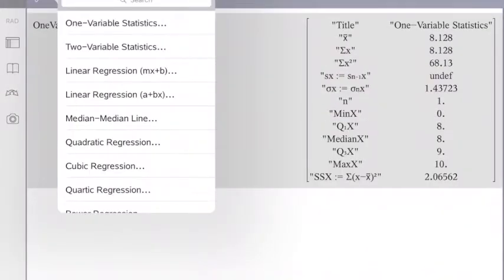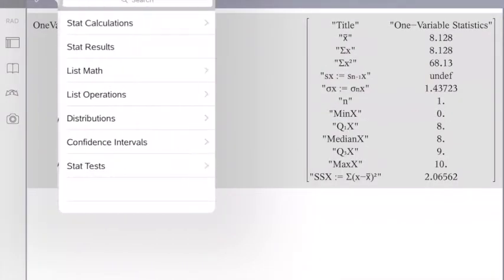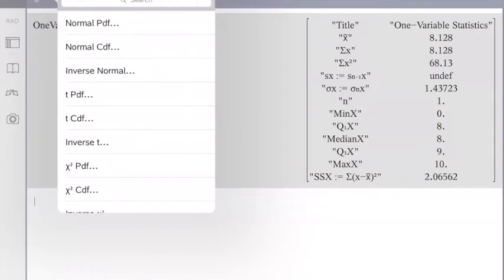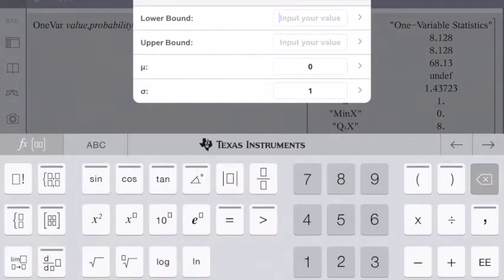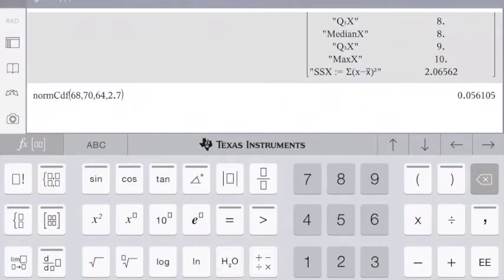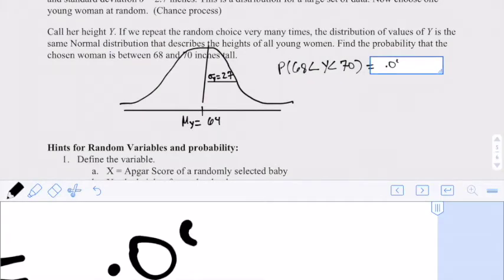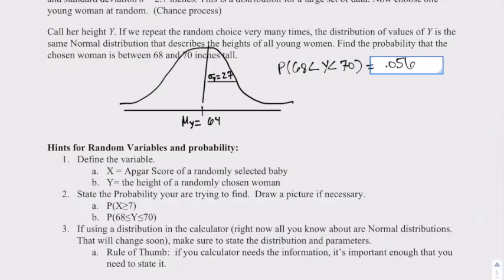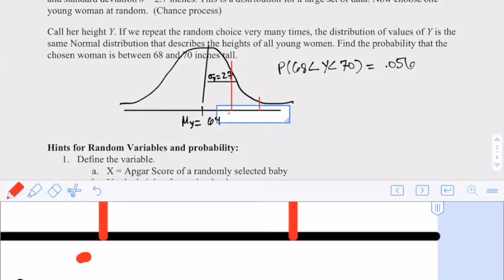Menu, statistics, distributions, normal CDF from 68 to 70. Our mu was 64, and our standard deviation was 2.7. So 0.056. Now I didn't do a good job of drawing this on the picture, but between 68 and 70.